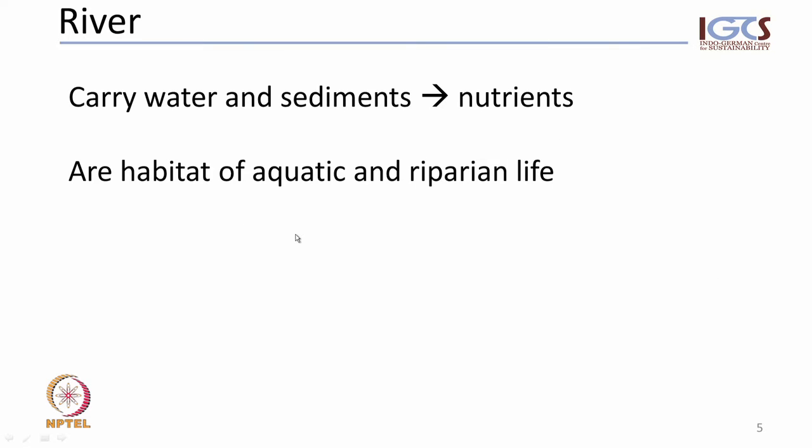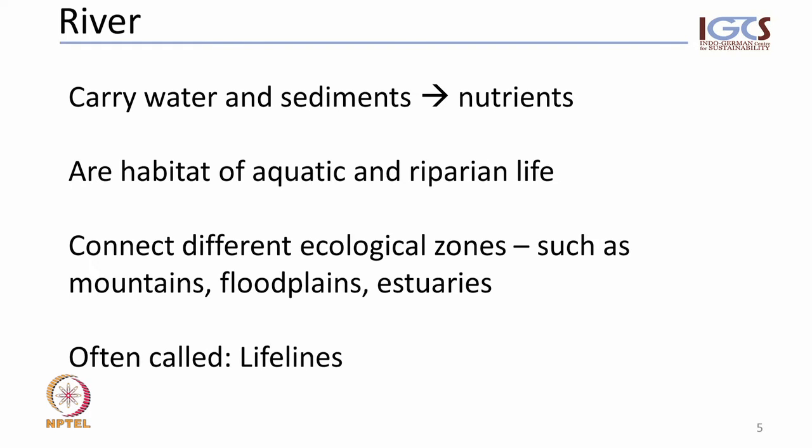Rivers not only carry water, but they also carry sediments, and by carrying sediments they carry nutrients. They are also habitat of aquatic and riparian life, and they connect different ecozones, such as a mountain through floodplains to estuaries. For that reason, we also call rivers our lifelines.